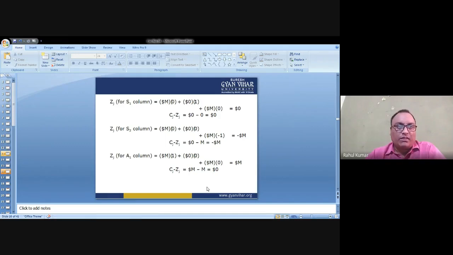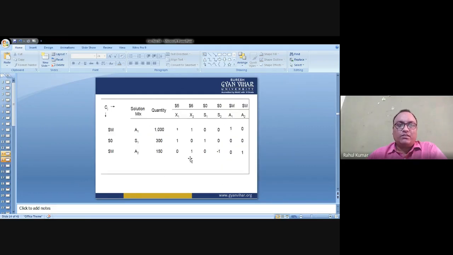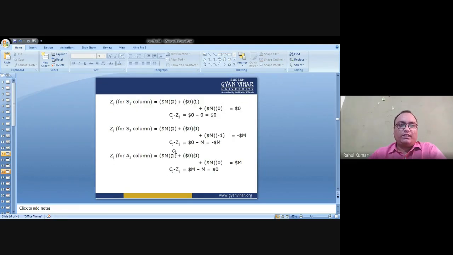For the case of the S2 column, ZJ is M into 0. All values you have taken from this tabulation also, right? Then ZJ for the S2 column will give M into 0 plus 0 into 0 plus M into minus 1.